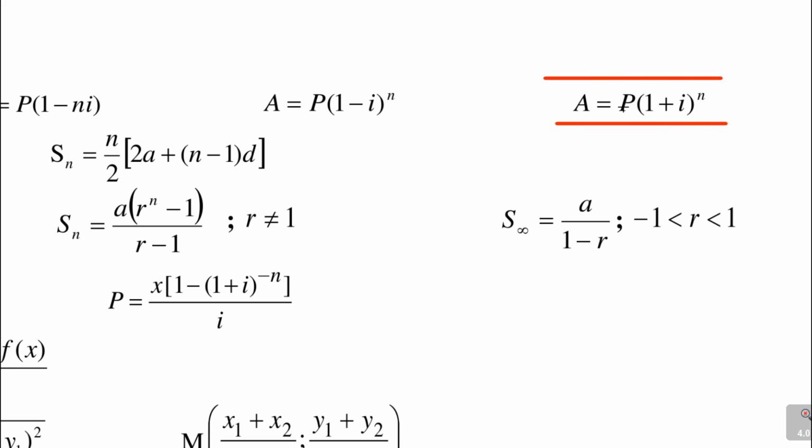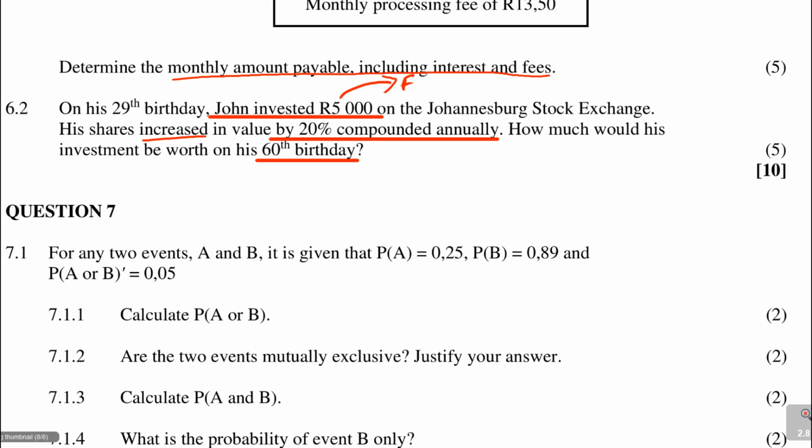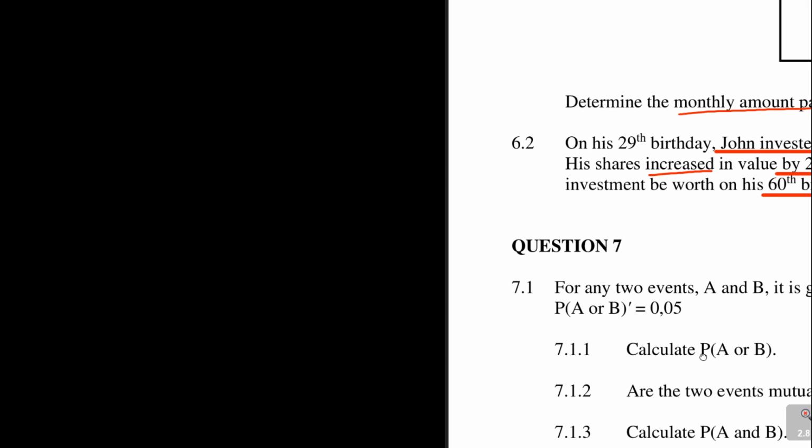A is equal to P(1 plus i) to the power of n. So that's the formula we're going to use here for John. Now we have to identify our A and P. Since A is future, he started with P. This one is easier.